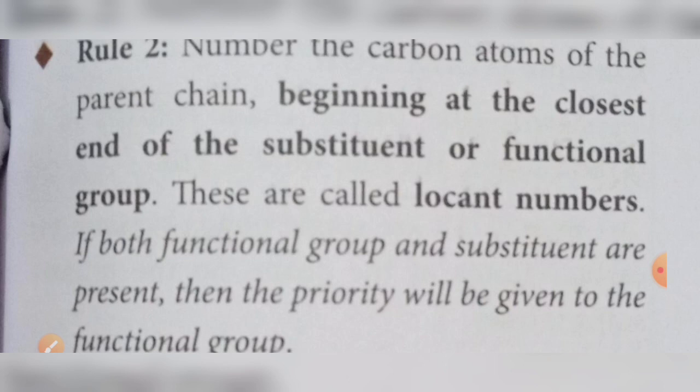What are functional groups? Double bond, triple bond, alcohol, aldehydes, ketones, carboxylic acid. First you locate the functional group, which carbon is closest to the end carbon. First you have to identify that, and now I am showing how it is presented.